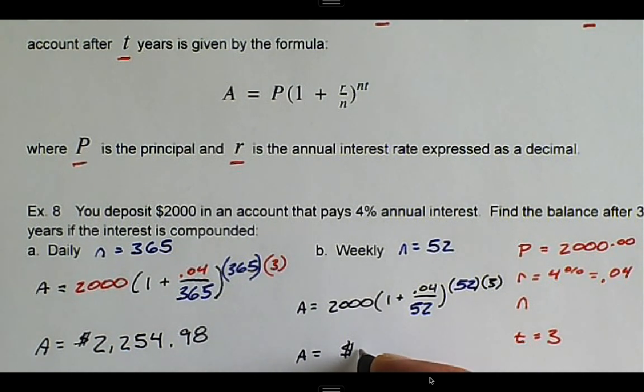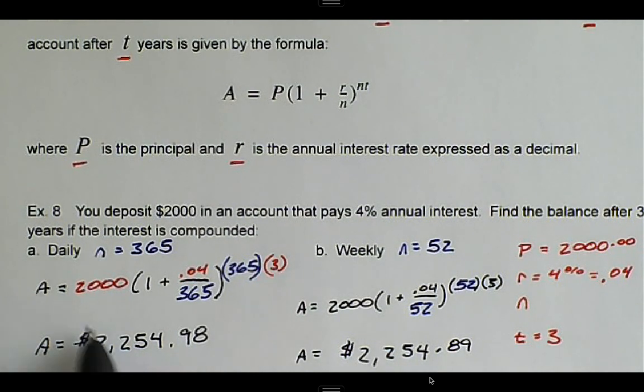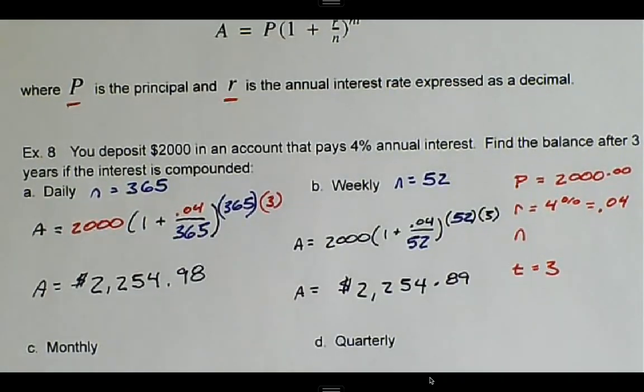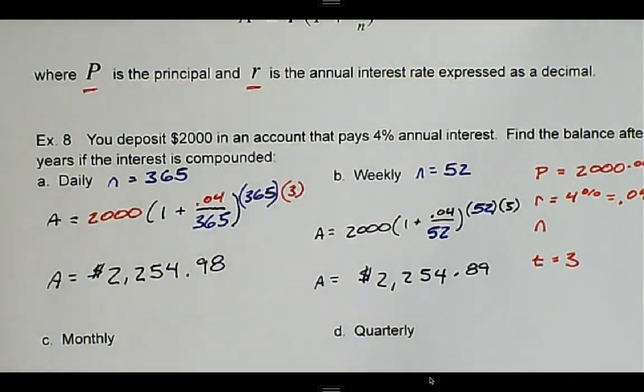we get $2,254.89. So everything's the same, but we lost a little bit of money compared to daily because it's compounded more often with daily. The more often your money's compounded, the more money you can earn. We have a couple more examples to look at.